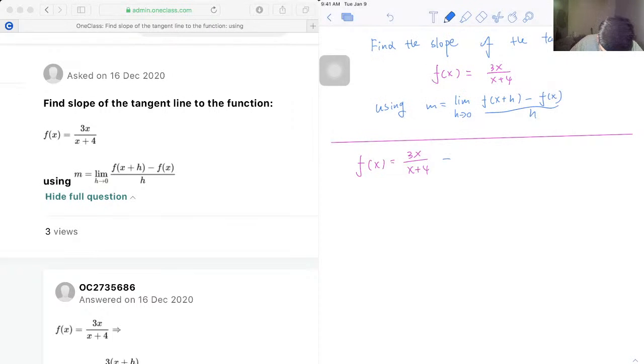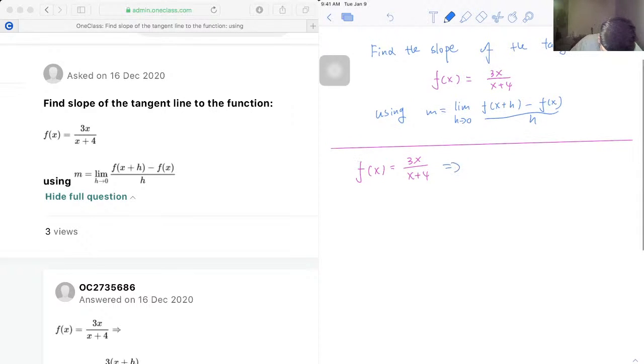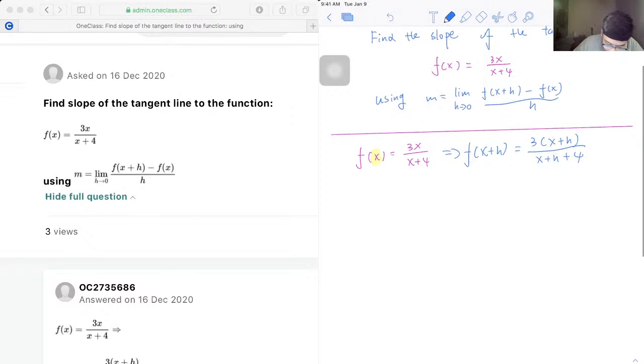If the part in the bracket changes to x plus h, then on the right hand side of the equal sign it will be 3 times, instead of x, x plus h, over x plus h plus 4.